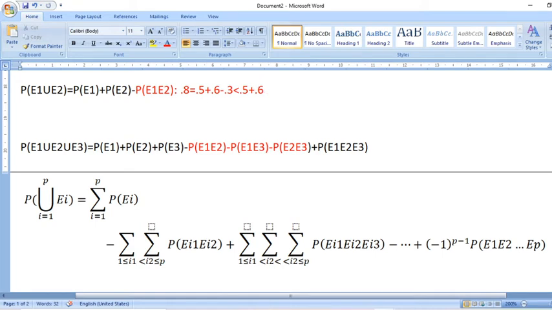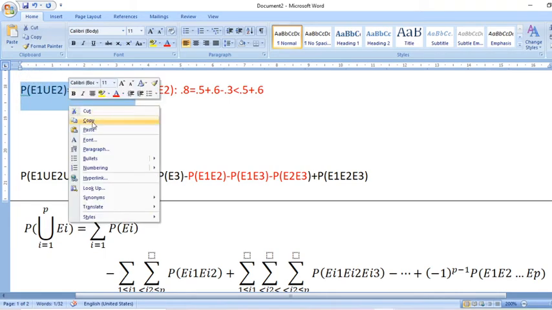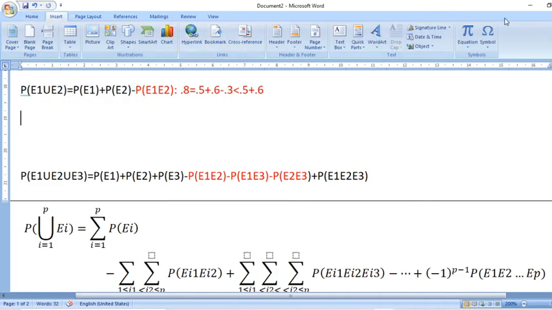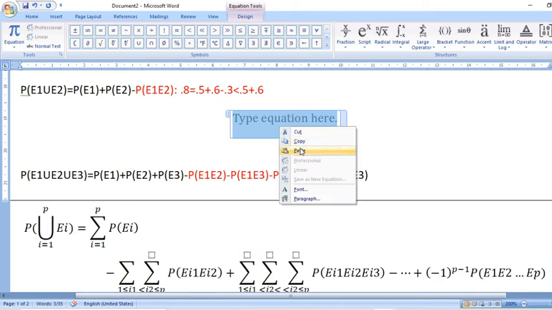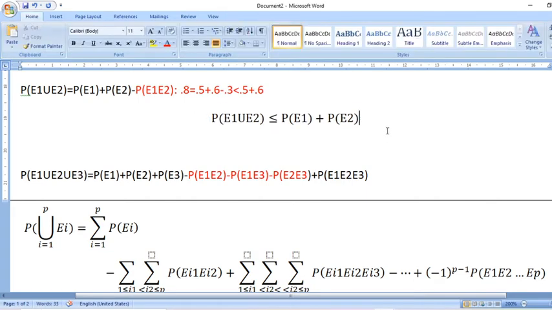Okay, so same idea is applied here. So what will be the result? We can put like this, less than or equal to whatever it is. Okay, this is the situation.